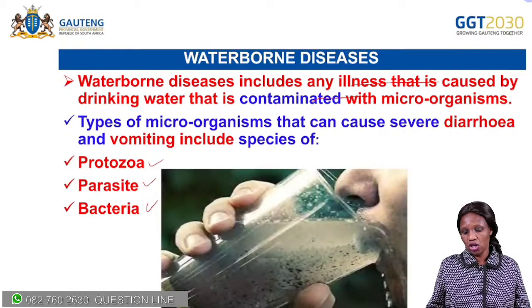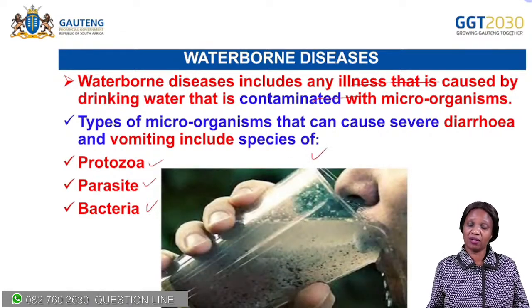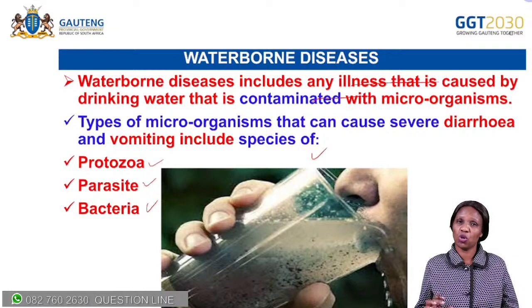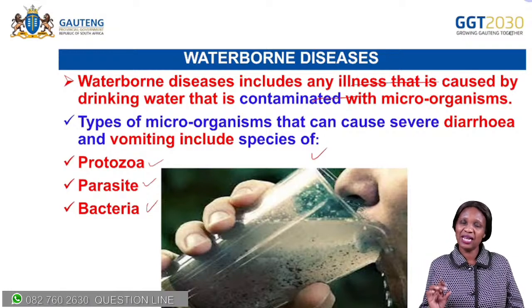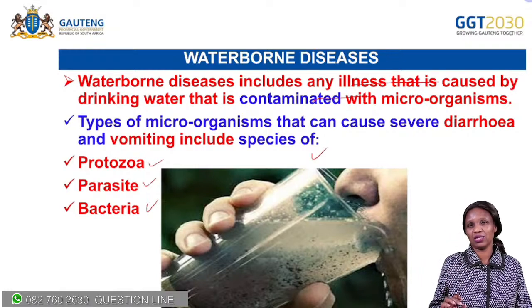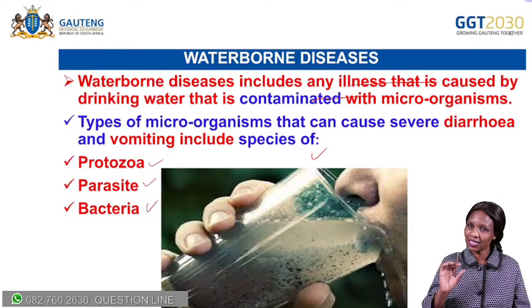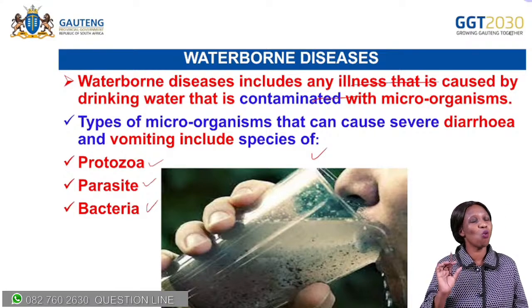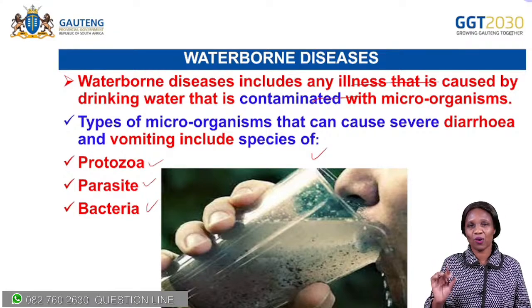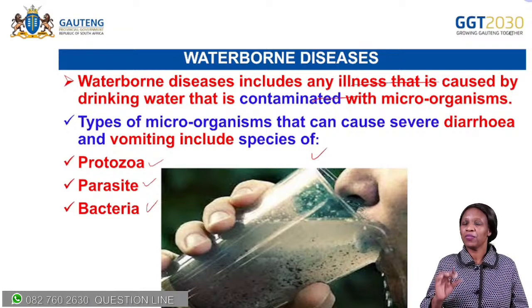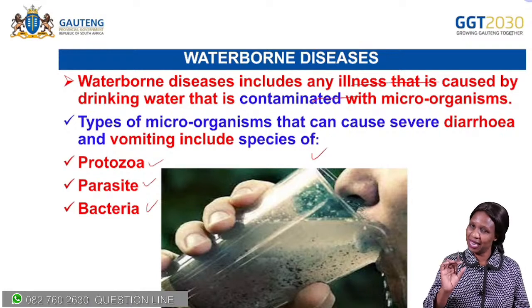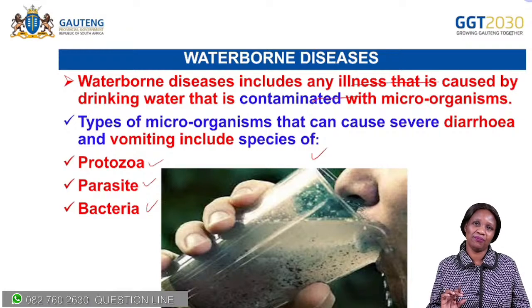And then look at the picture there. We've got a nice picture there, which shows a man drinking contaminated water. That water is contaminated. It has got microorganisms. That man can suffer from waterborne diseases because waterborne diseases are caused by what? Contaminated water. All right.